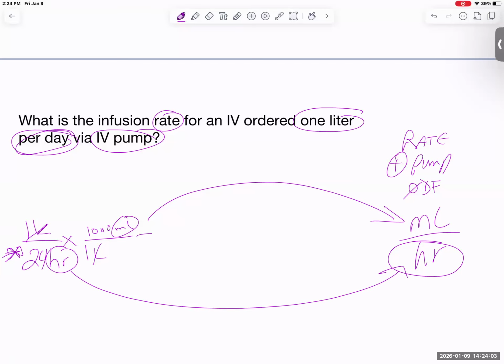So now I'm going to multiply 1,000 times 1 and 24, and then I divide 24 into 1,000, and my calculator will give me 41.6666666. Any number greater than 10, I round to the whole number. I look to the right. It is 5 and up, so I'm rounding this 1 to a 2, and that is 42 milliliters an hour. Beautiful.